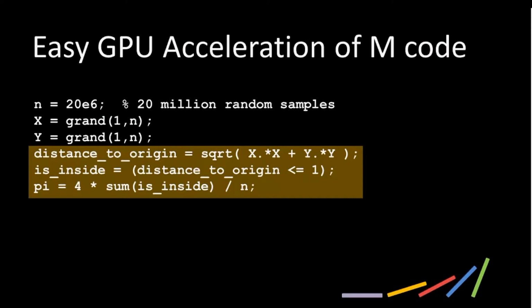So again, after having your random data out on the GPU, the lines that are highlighted here, there is nothing GPU-specific about those lines. And in fact, when you run GPU data structures through those lines, you can get about, I believe, 20x speedup on those 3 lines of code merely by the fact that you're using a parallel GPU processor as opposed to the serial CPU processor.